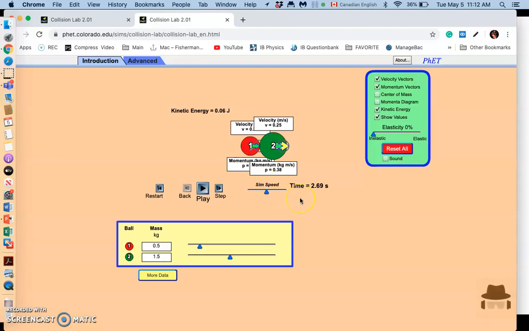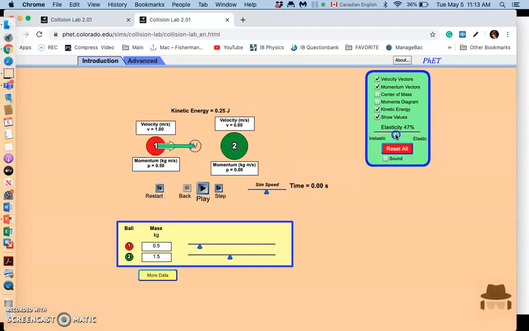Now, we will not focus on that. I have another type of collision, which is perfectly inelastic. Perfectly inelastic, they join and become like one object. Inelastic collision is in between, not completely inelastic and not elastic.